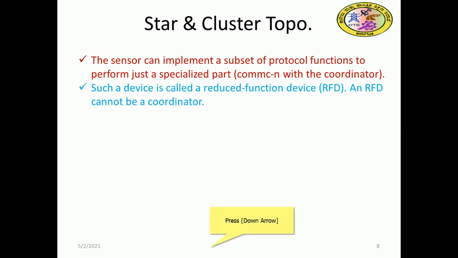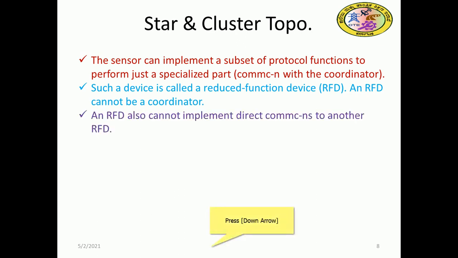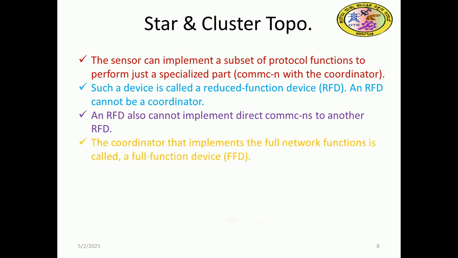A device with reduced function is called an RFD, reduced function device. An RFD is not a coordinator; it is a subordinate, an assistant to the coordinator. So an RFD, that reduced function device, cannot directly communicate with another RFD. RFD cannot talk with RFD.